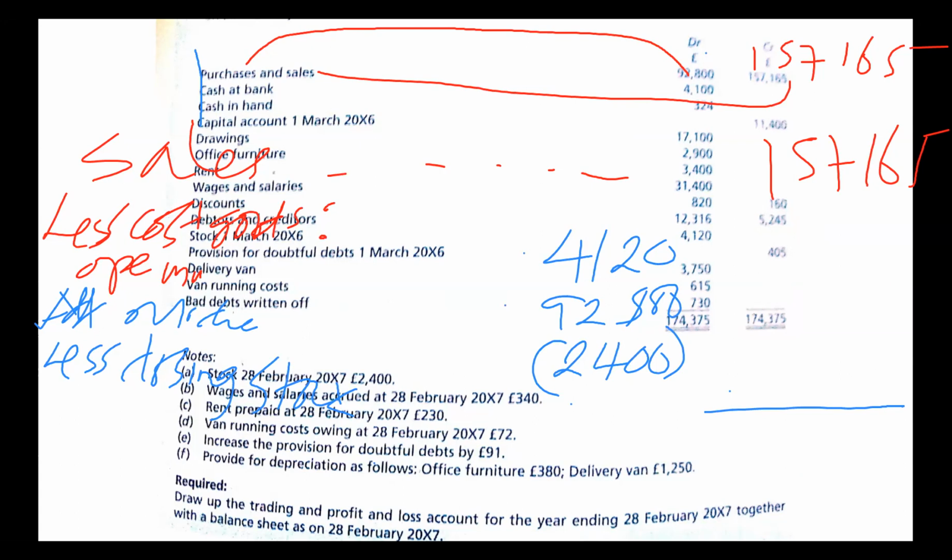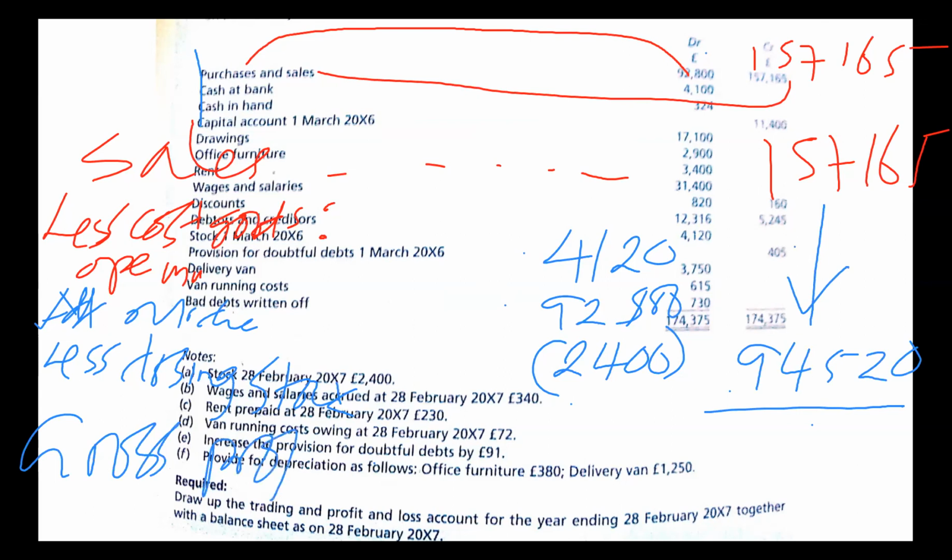What do you have? 94,520. Then this amount should be subtracted from where? From the sales to give us the gross profit, right? Gross profit. So what is the gross profit?